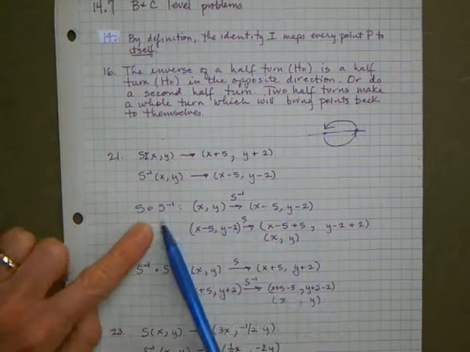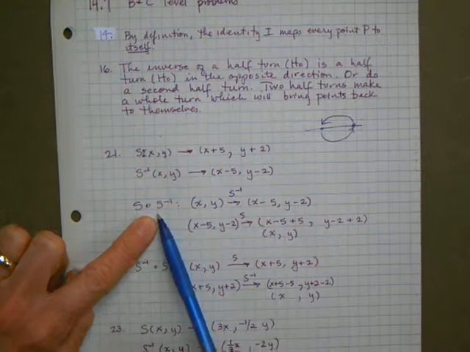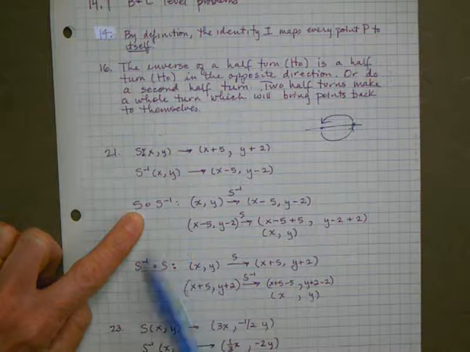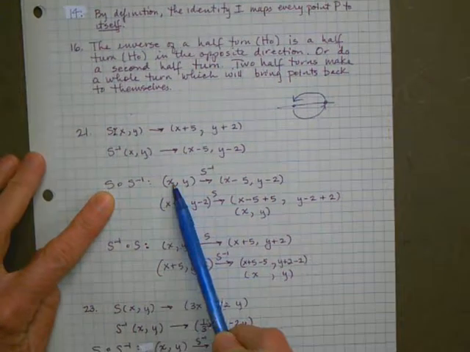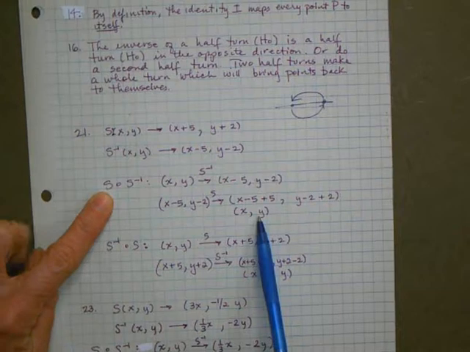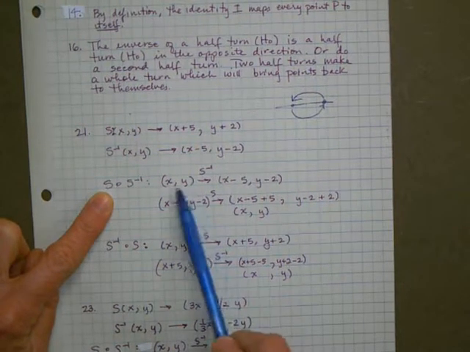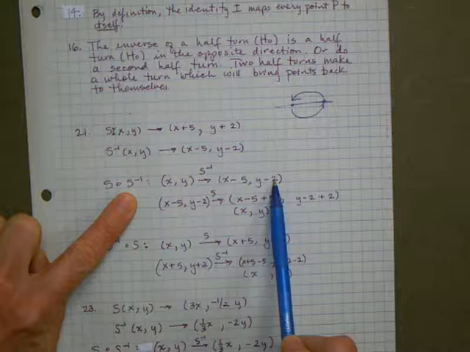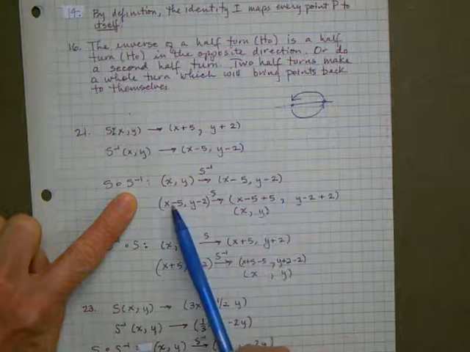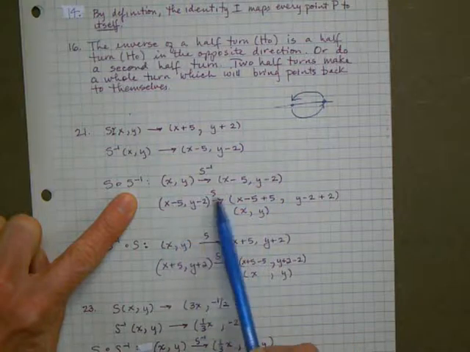To really show that it's an inverse, I have to compose S with S inverse and S inverse with S and show that what I start with is what I end with. So we can look at this. S inverse takes (x, y) to (x minus 5, y minus 2). Then I'm going to take this point and apply S to it.